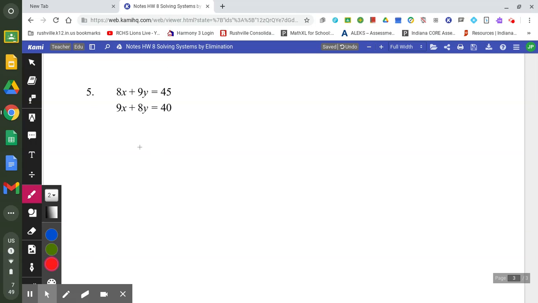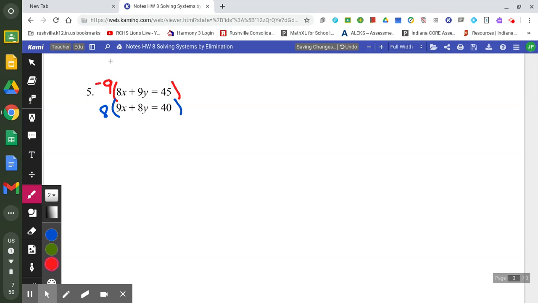Okay, this last one, neither the x's nor the y's are ready to be eliminated. So if we try to eliminate the x's, I'm just going to multiply that 8 times that 9, except I'm going to make it negative. So I'm going to do negative 9 on top, and then on bottom, I'm going to multiply that 9 by that 8.